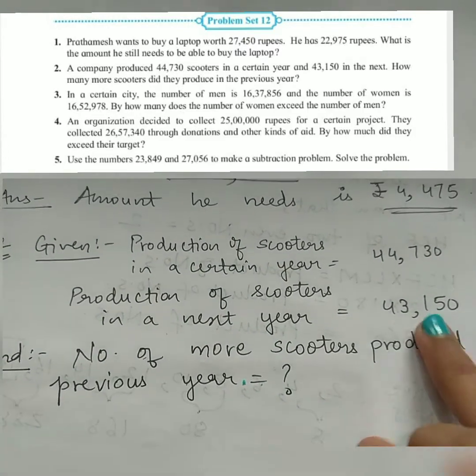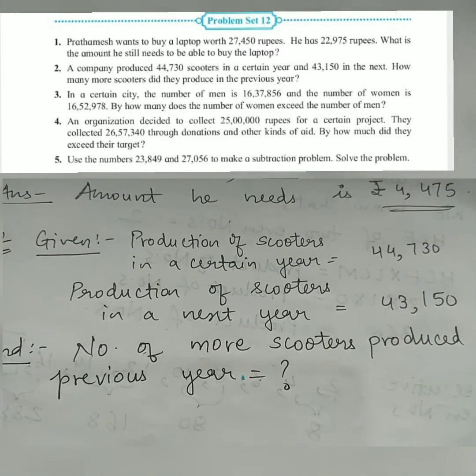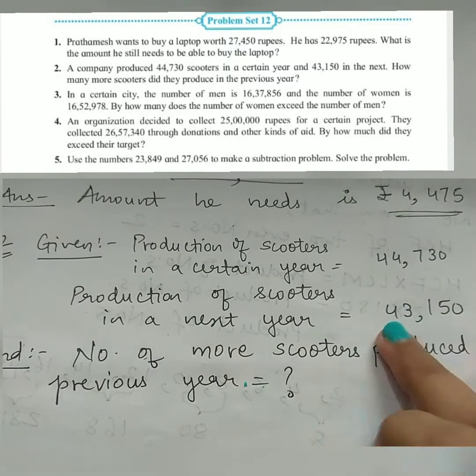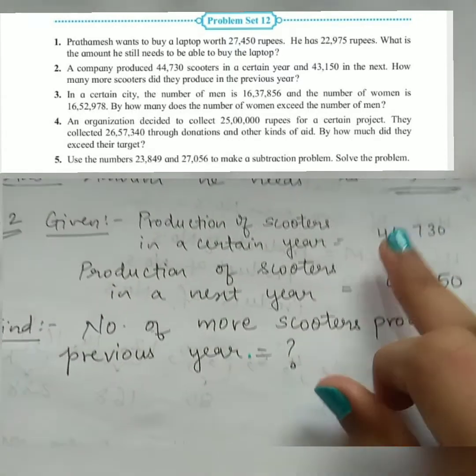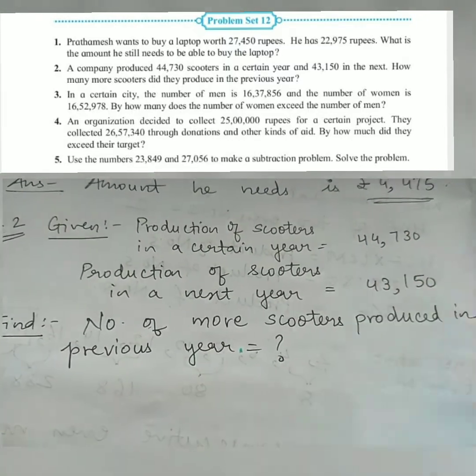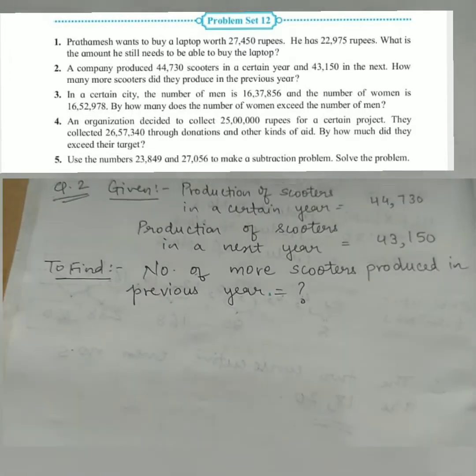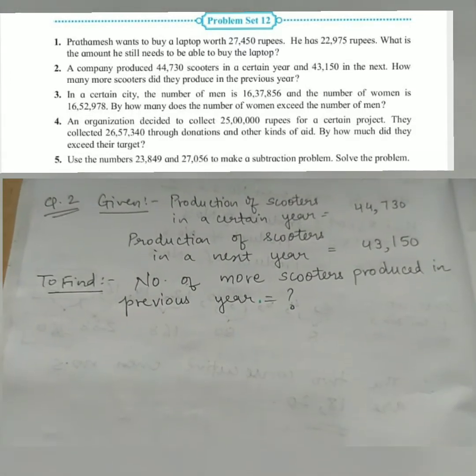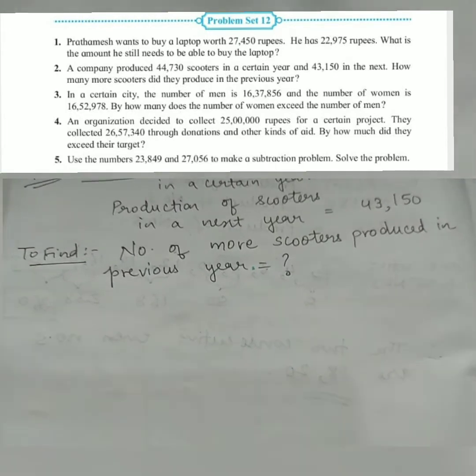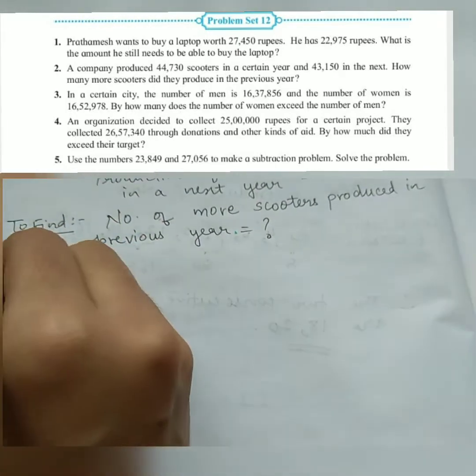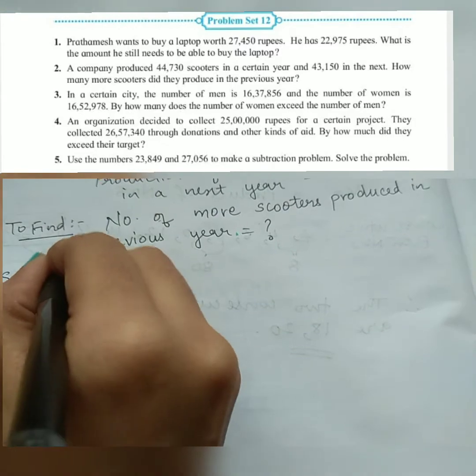Numbers of scooters produced or manufactured or made in next year is less and previous year it was more. So how many it was more? See, in question it says how many more. Now I gave you terms for subtraction also. In that, how many more was there? So yeah, what we will do, subtraction.